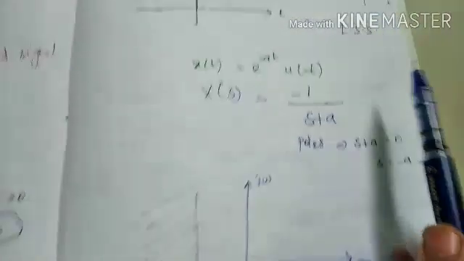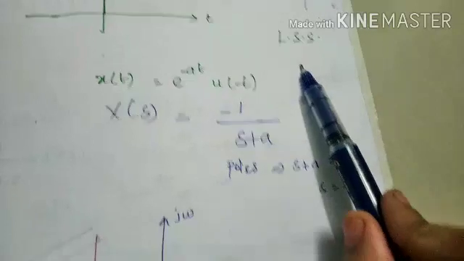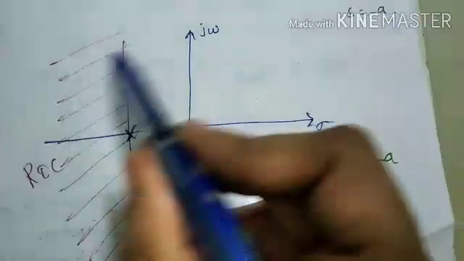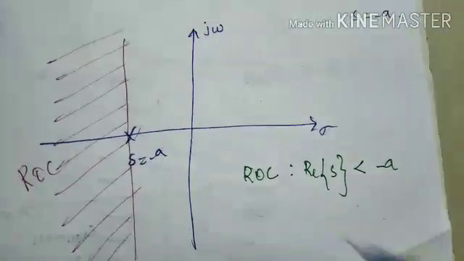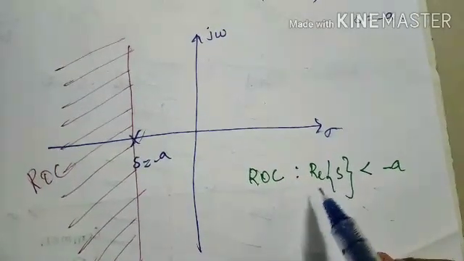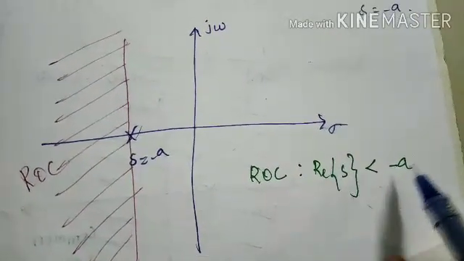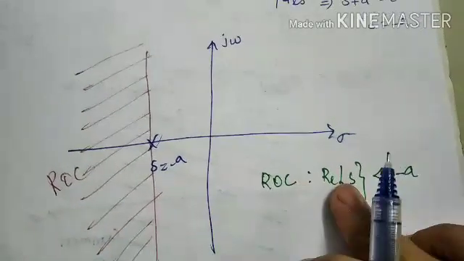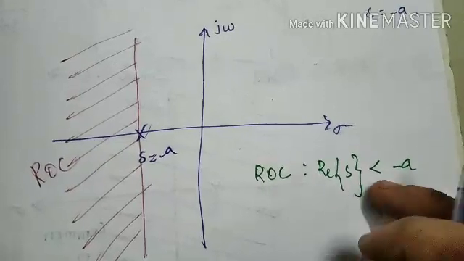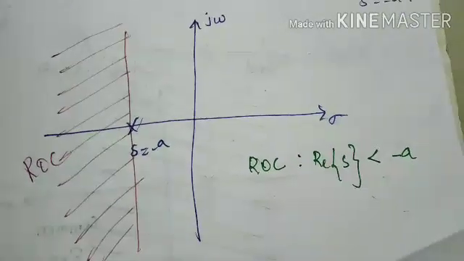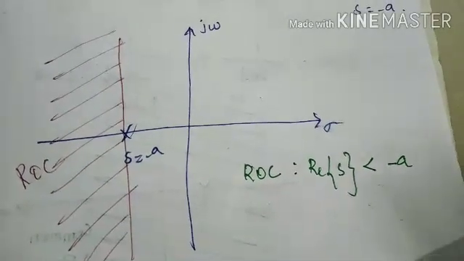The signal is a left-sided signal, so the region of convergence should be at the left side of this pole. So the ROC is real part of s less than minus a. This is the region of convergence for our given problem.